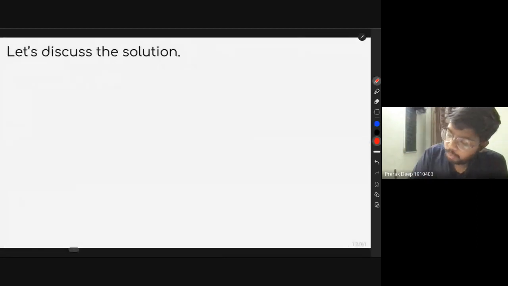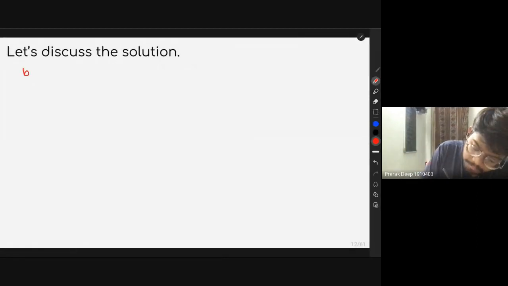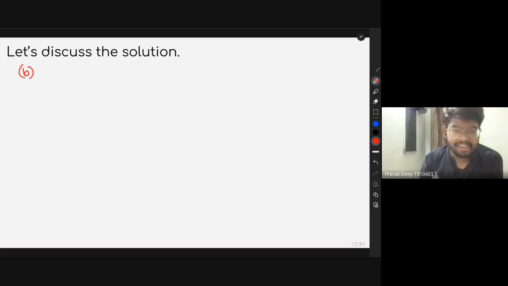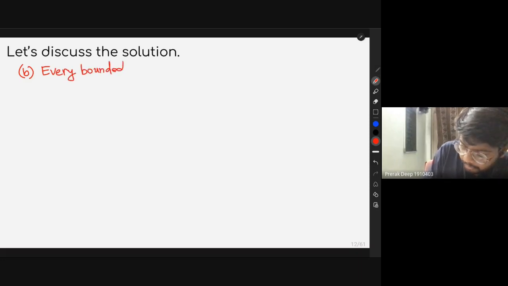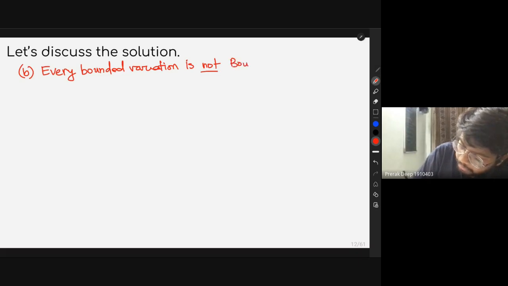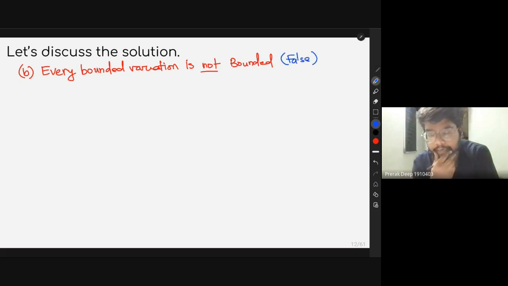So to make B false, what is B? B is: every bounded variation function is not bounded. We will show that this is false by proving that it is bounded indeed.